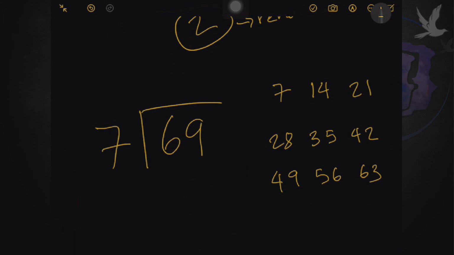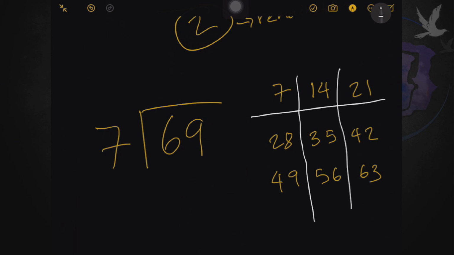Okay. Hanggang dyan lang tayo. And this is basically a technique, no? This is called a Tic-Tac-Toe Division. This is a guide if you do not know what to do. Okay? So, kunwari ito. 7, 14, 21. Meron tayong 28, 35, 42. Then, we have 49, 56, and then 63.